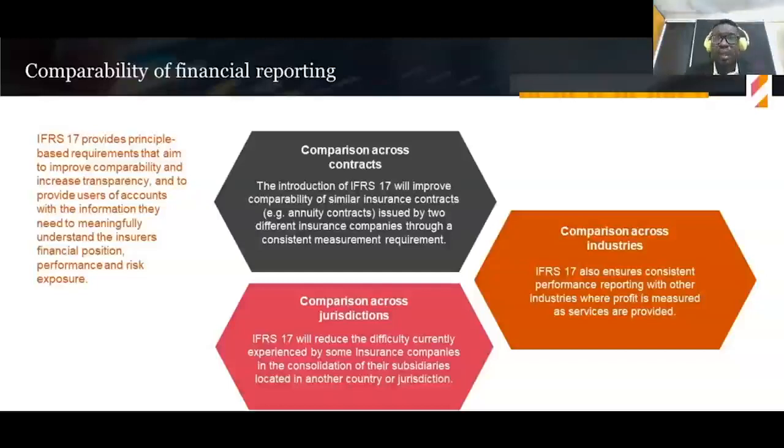It means you can say, this is exactly what I've earned, given how long I've provided coverage for. That is a way where we can begin to compare insurance companies with other industries that do the same thing.